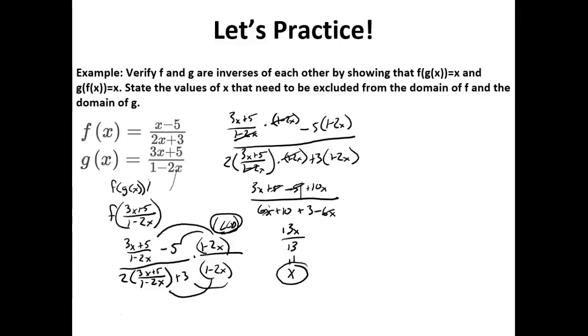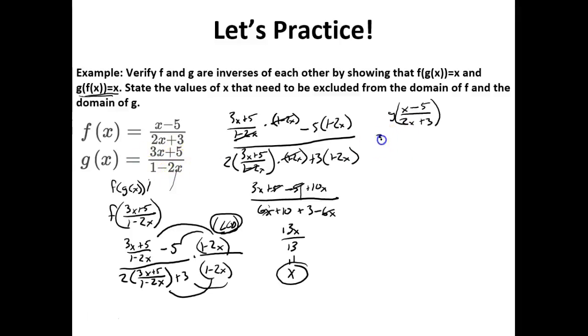Now, to make sure it's an inverse, I still have to do this part right here. So I have to take f of x, which is x minus 5 over 2x plus 3, and put it into the function g. When I put that into the function g, I have to follow this set of rules here.